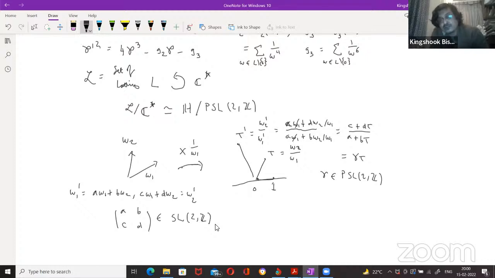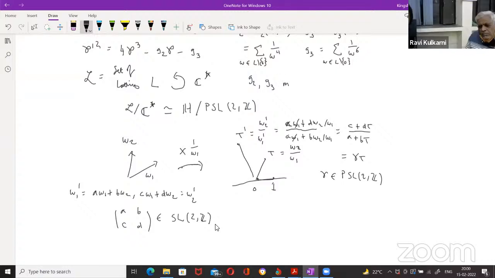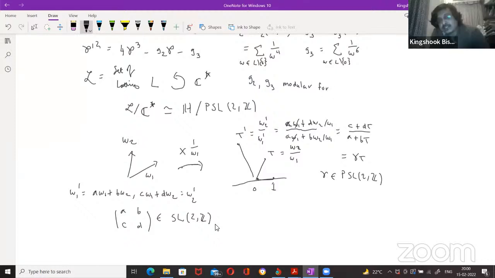So G2, G3 actually correspond to modular forms. They are similar to Eisenstein series. You can write these in terms of Eisenstein series.